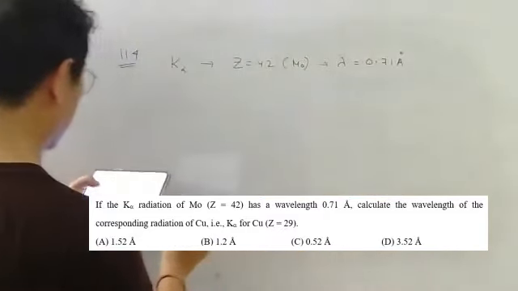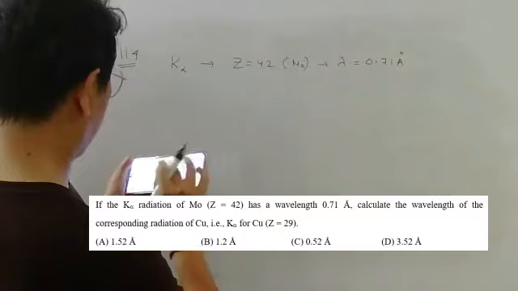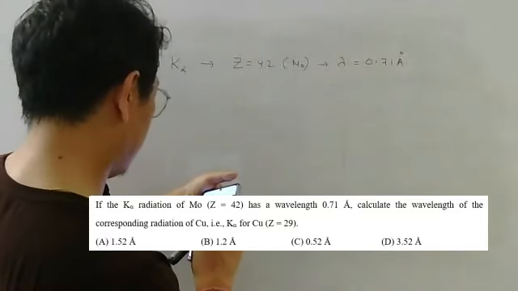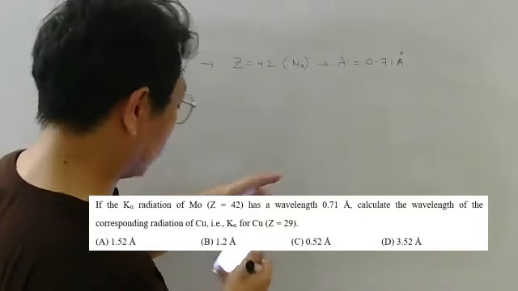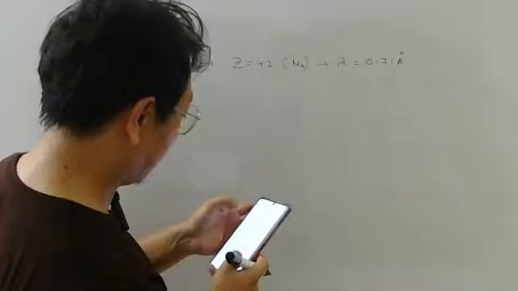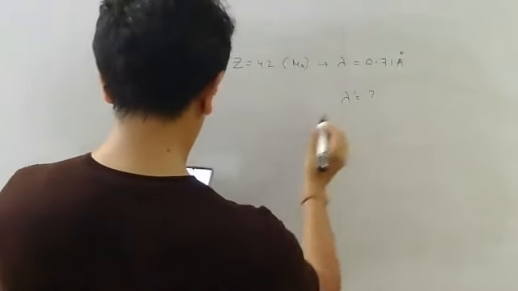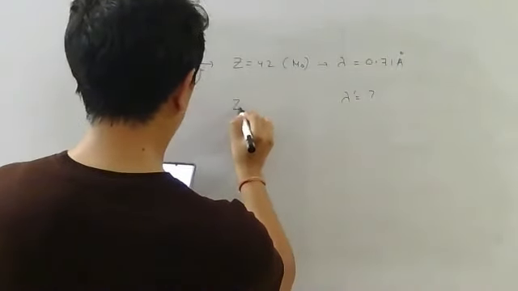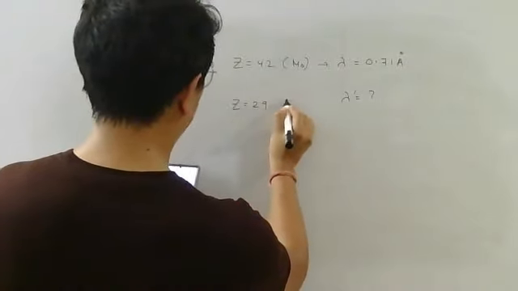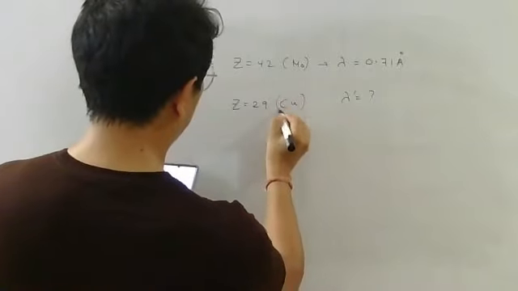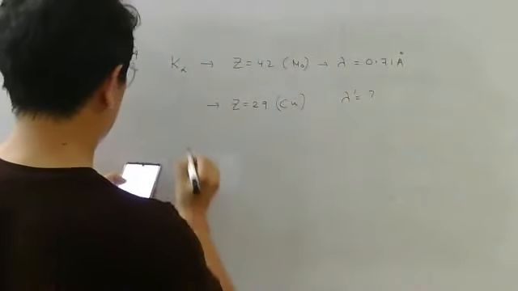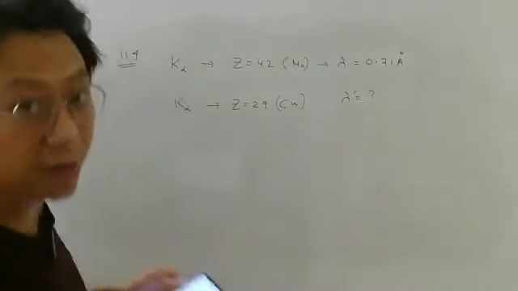Hey, this is the same only. I will just put the numbers, you people calculate and tell me the answer, okay? They want the wavelength for copper. For copper, what is the atomic number? 29. Which series is it? Which line is it? K alpha only.